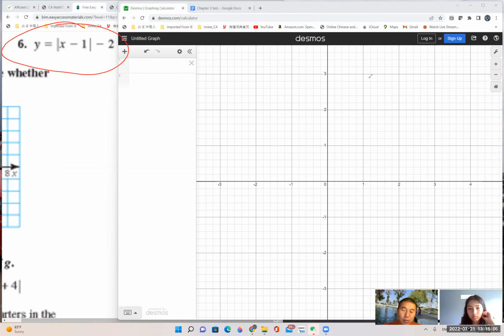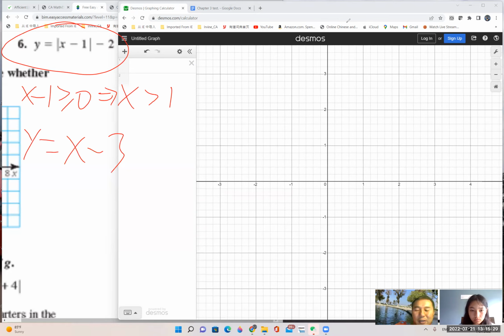Let me say how we drew it yesterday or even the day before yesterday. Normally, you go to remove the absolute value symbol, right? Means when x minus 1 greater than or equal to 0, that being said, it means x greater than 1. Then we can remove the absolute value. We get y equal to x minus 1 minus 2 means this, right? Correct? So this is like case 1.